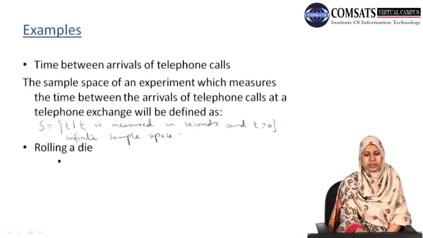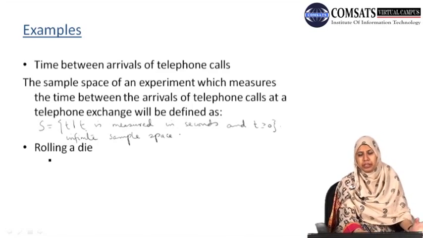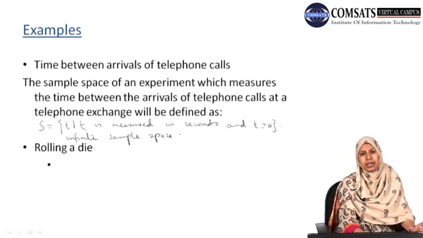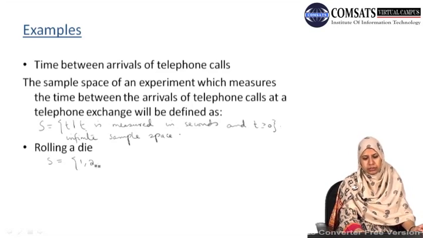Now consider one more example of rolling a die. A die has 6 faces and each face is numbered from 1 to 6. So when we roll a die, we know the set of possible outcomes. That is, the set of possible outcomes of our sample space S in this case will be either we obtain a 1, 2, 3, 4, 5 or 6.